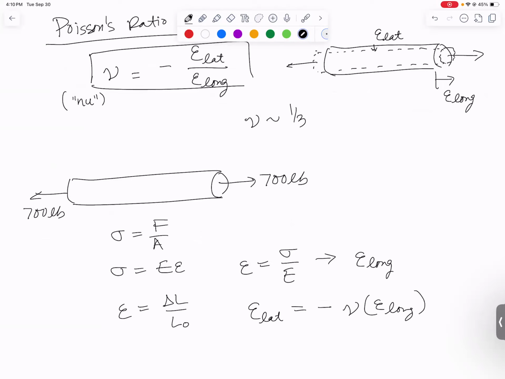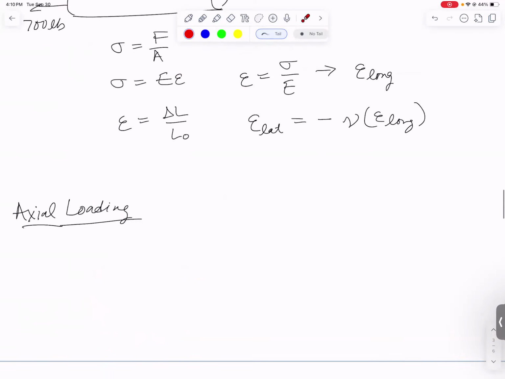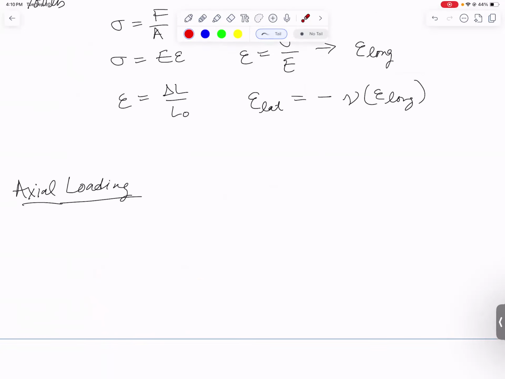And we could do something similar with shear. What we did in this chapter is we really just used the definition of normal stress, Hooke's law, definition of normal strains, to go from, if you apply 700 pounds, how much longer does it get? And then we moved into another chapter where we actually put all that together into a single equation.